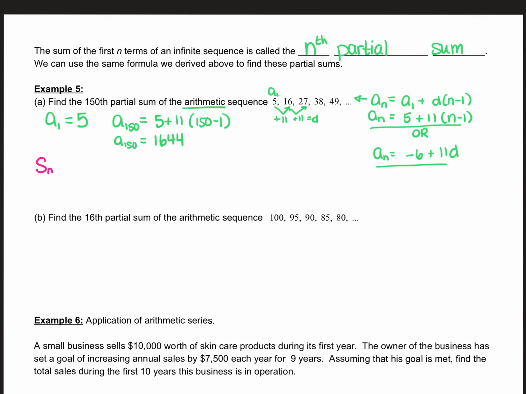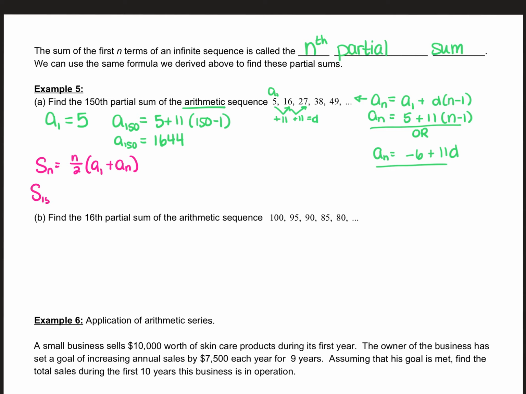So that's what I'm going to do using our formula from the previous slide. We now know everything in that formula. I know what n is going to be. n is going to be 150. This is the 150th term, which we just found is 1644.